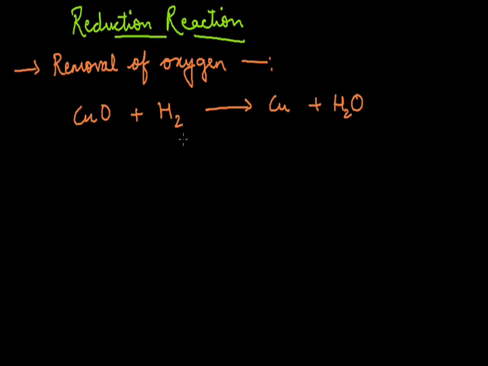Here we can see oxygen is removed, and so this is a reduction reaction. Here we can say that copper oxide is reduced to copper. So there is reduction of copper oxide.